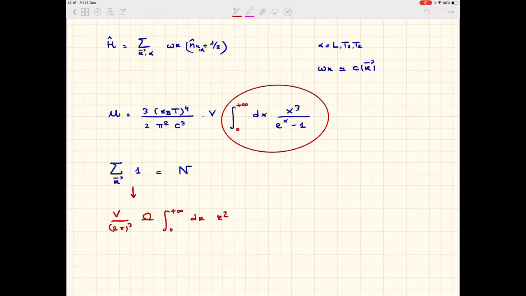I have to put an upper cutoff in this integral, and the upper cutoff is essentially beta times a frequency that has to be fixed by the fact that I set this equal to the number of particles. This frequency is called the Debye frequency, and this momentum is the Debye momentum.